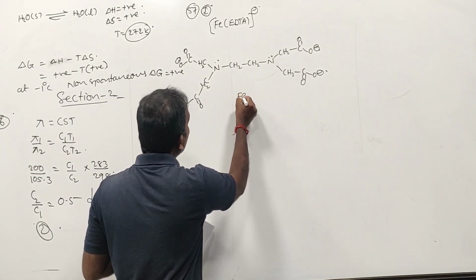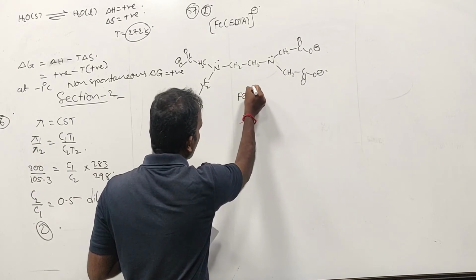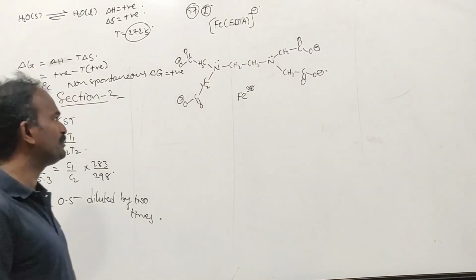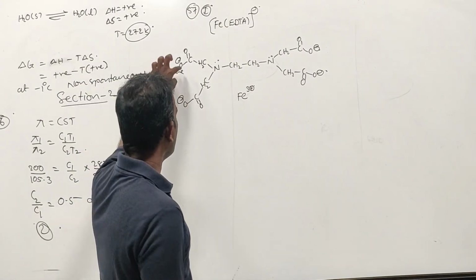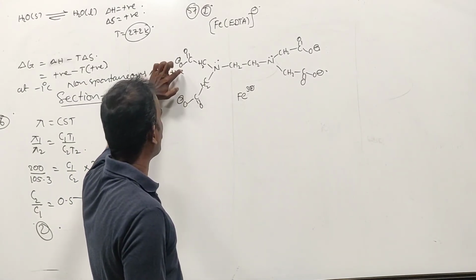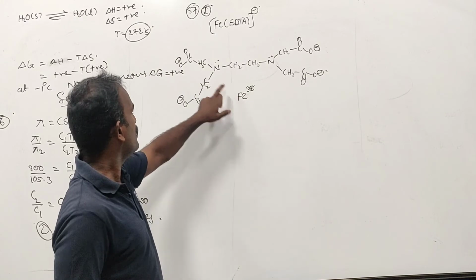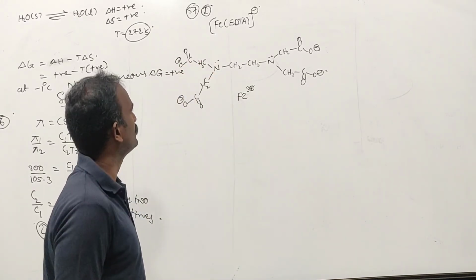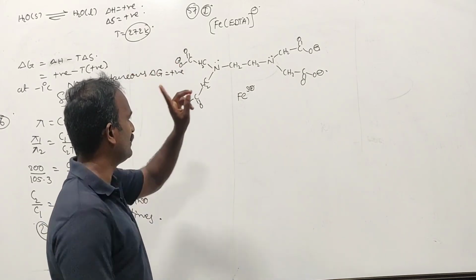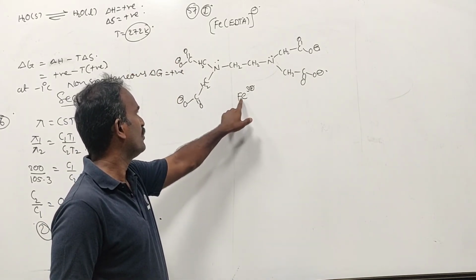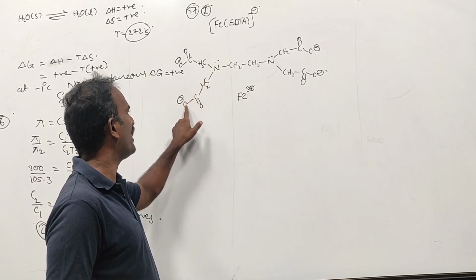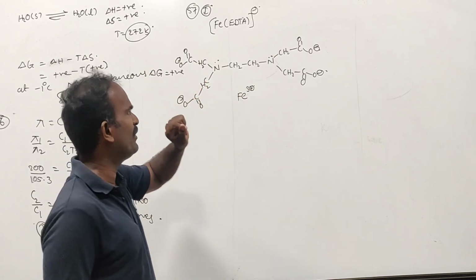Now if you have iron here having Fe+3, where is a 5-membered ring possible? For example, I am taking right over from here 1, 2, 3, 4, 5. One 5-membered ring is possible. Next one, from here 1, 2, 3, 4, 5. Another 5-membered ring is possible.